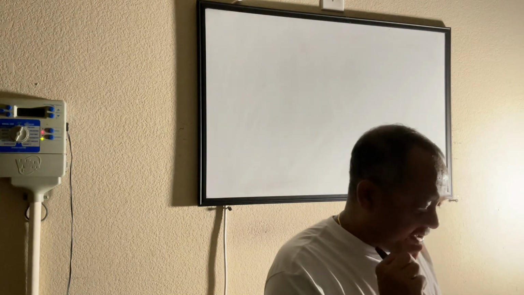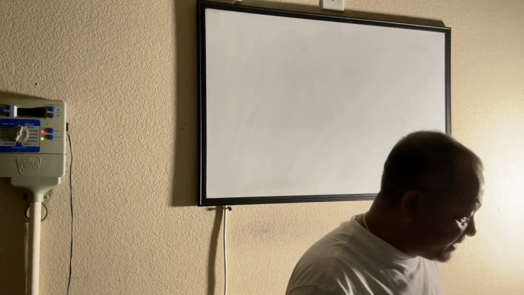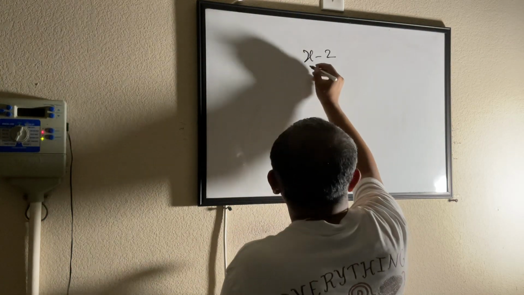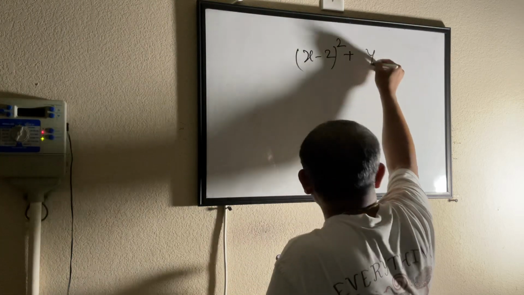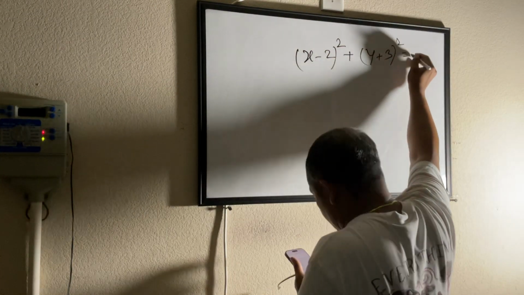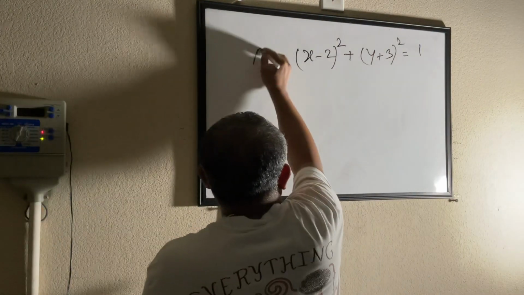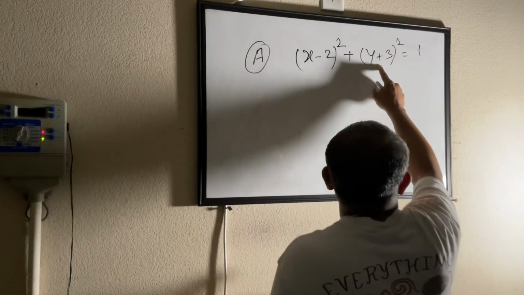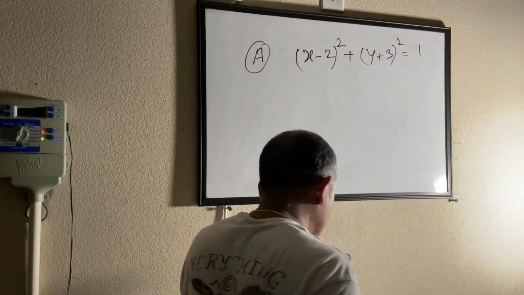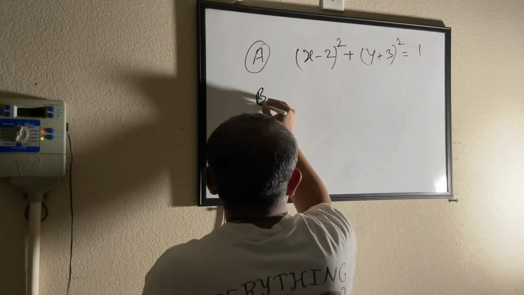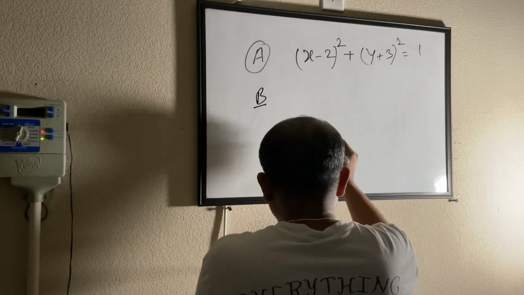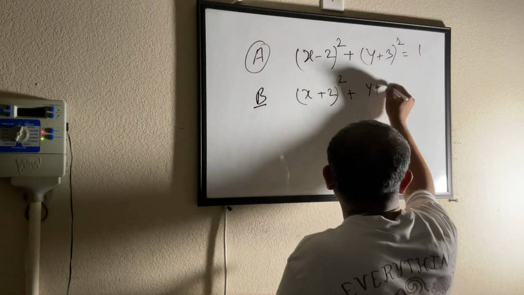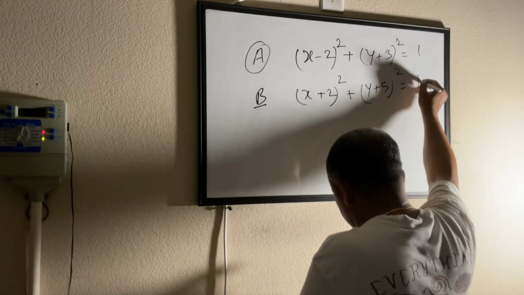In the xy plane, circle A is represented by the equation x minus 2 squared plus y plus 3 squared equal to 1. This is circle A. And circle B is represented by the equation x plus 2 squared plus y plus 5 squared equal to 1.